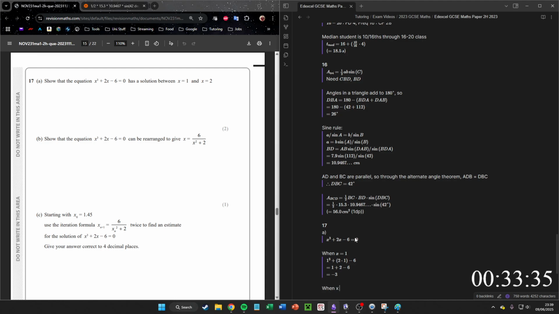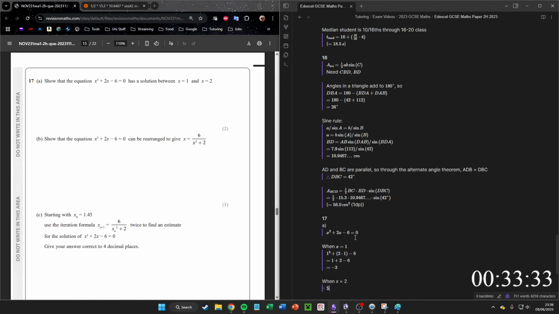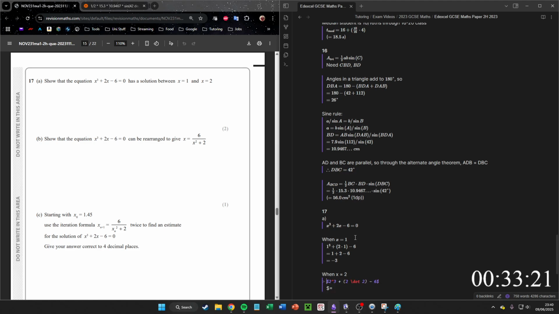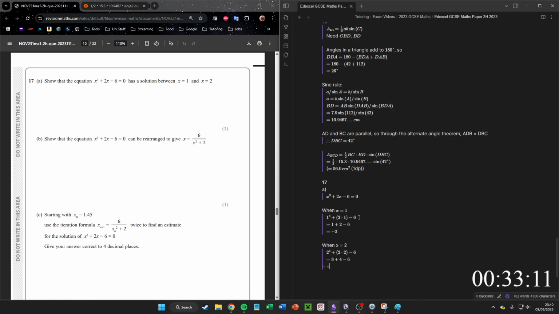When x equals 2, 2 cubed plus 2 times 2, I should say, minus 6. 8 plus 4 minus 6. 8 plus 4 is 12, minus 6 is positive 6.